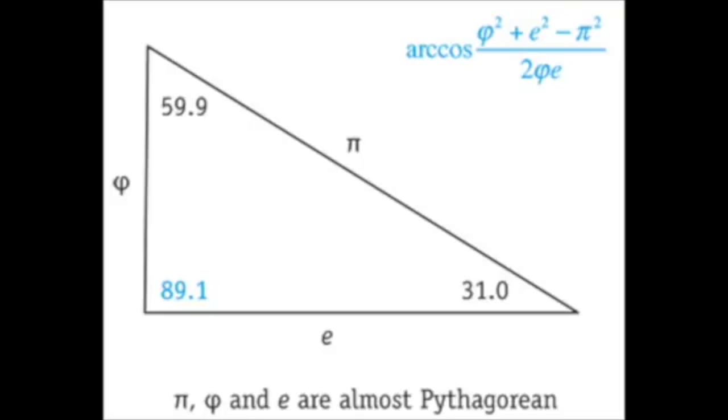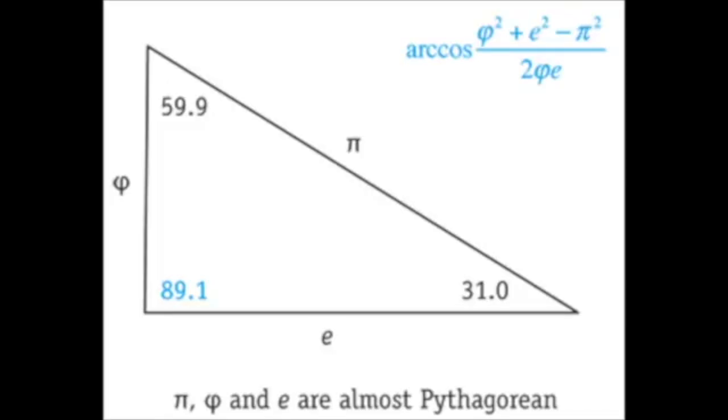Although it is very closely proximal to being a right triangle, the E, phi, pi triangle is not a proper right triangle, because its closest proximal corner is 89.1 degrees and not 90 degrees as in a proper right triangle.